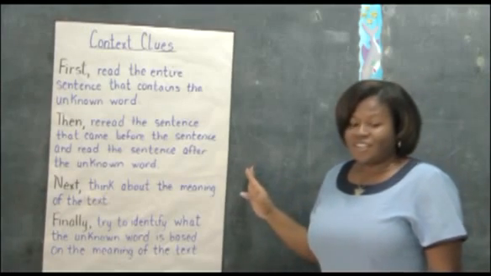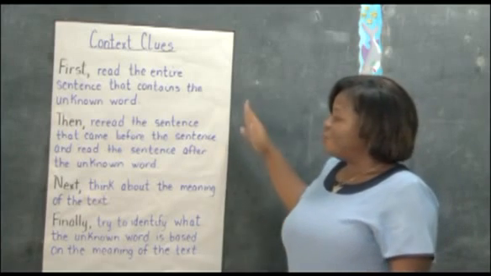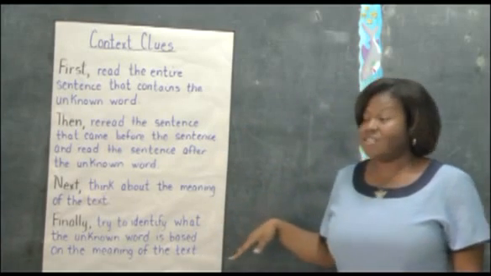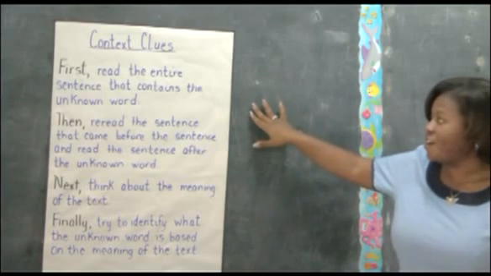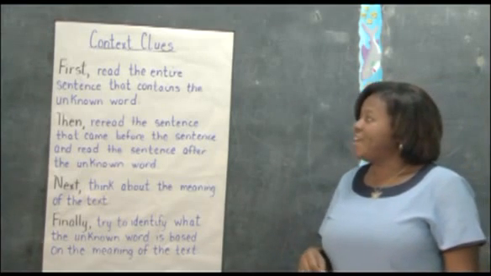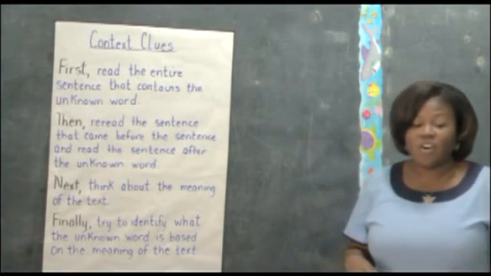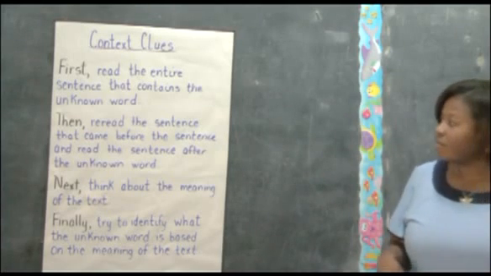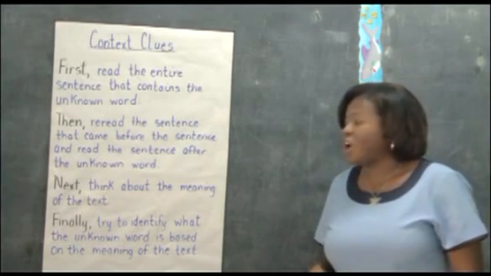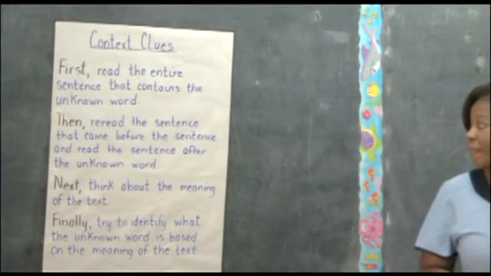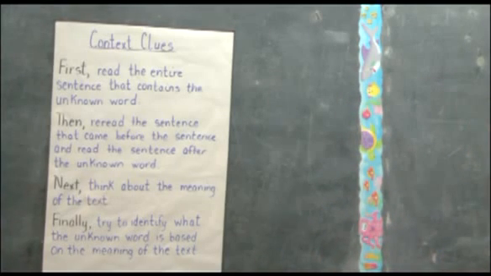We'll use this chart on the board to go through the steps for context clues. If you notice, the first step says, first, you read the entire sentence that contains the unknown word. Then, you will reread the sentence that comes before the unknown word, and you will read the sentence after the unknown word.